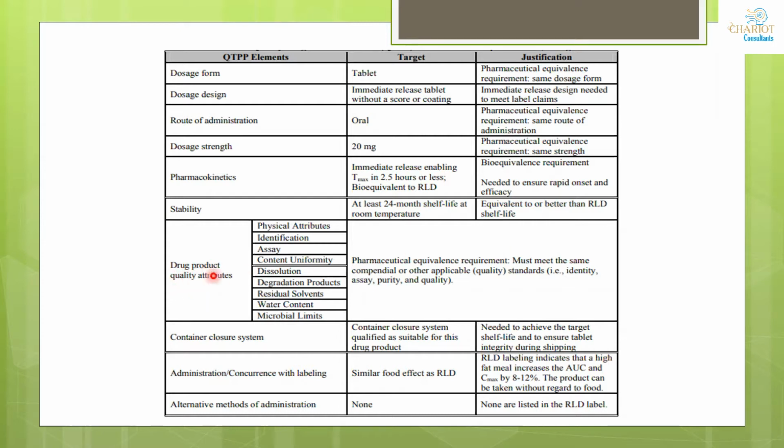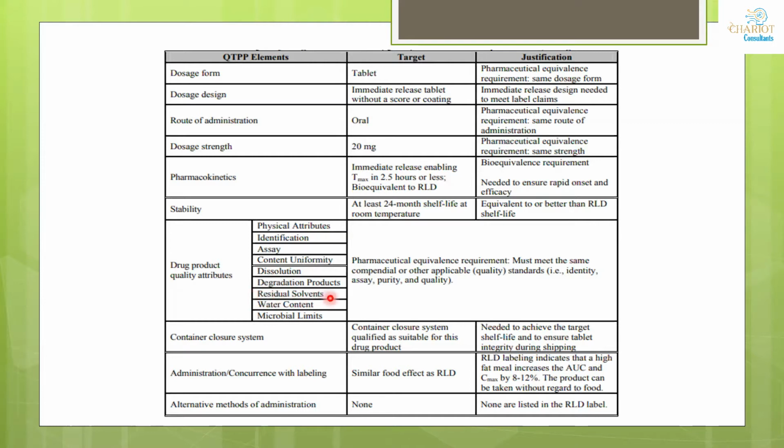Then in terms of drug product quality attributes, your physical attributes means your size, shape and all, your identification, whether you are able to identify the drug API in that drug product or not, the assay values, the content uniformity, the dissolution values, the degradation products, residual solvents.